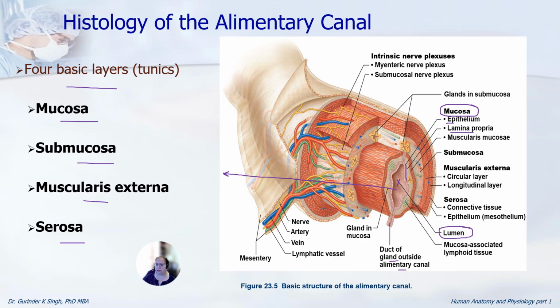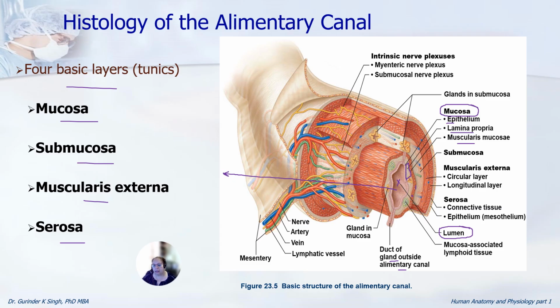So this whole thing is the lamina propria, a connective tissue membrane. Surrounding the lamina propria is a small layer of muscle, this red one, known as the muscularis mucosae because it is associated with the mucosa.